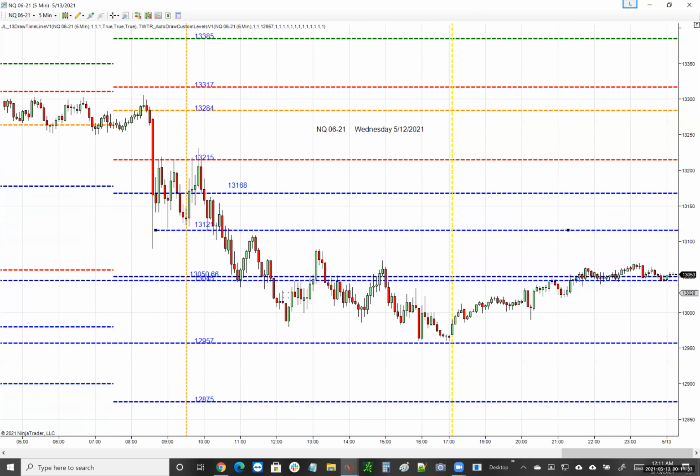Today's key pivot number was 284, and 385 was the boundary for the trend up portion, and 215 was the boundary for the trend down.